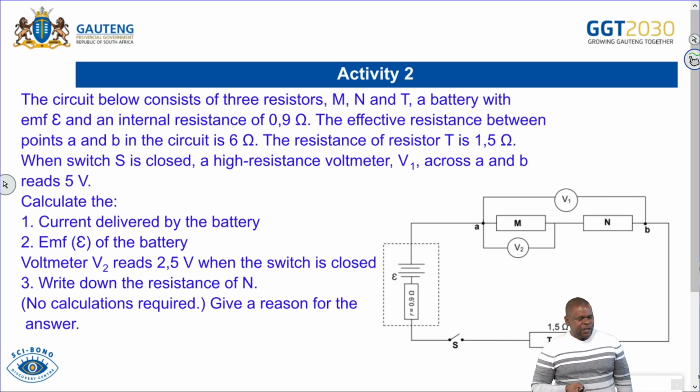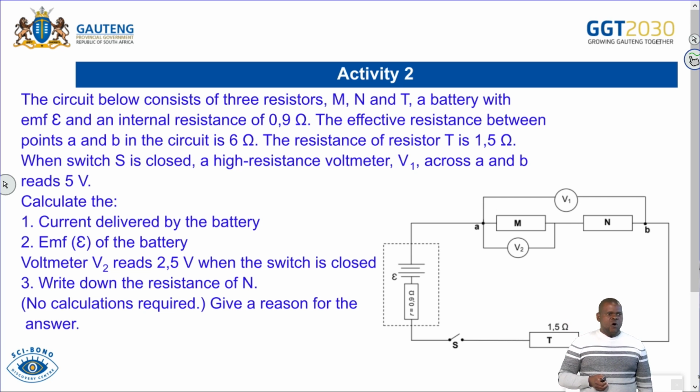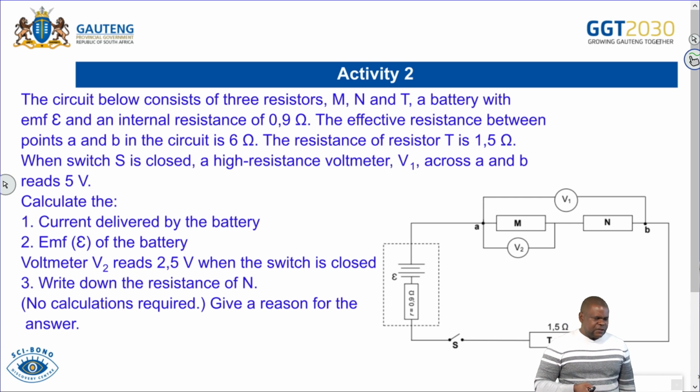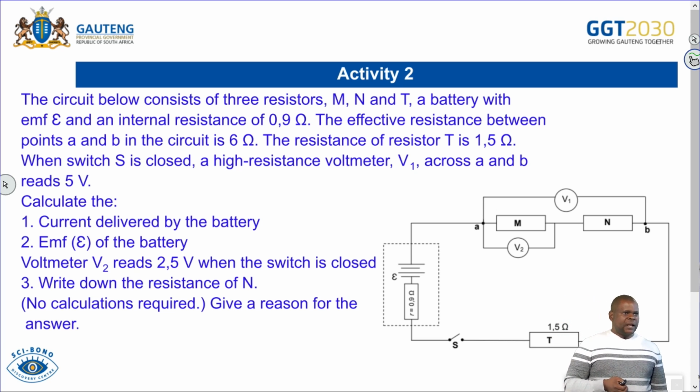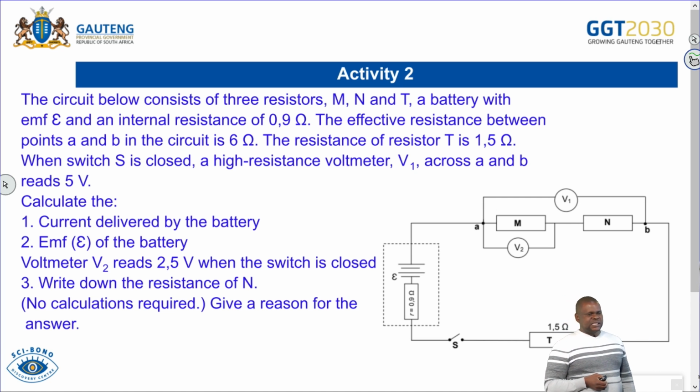Number 2, calculate the EMF of the battery. Then now they said voltmeter 2 reads 2.5 when the switch is closed. Write down the resistance for resistor N. No calculation required, give a reason for the answer.